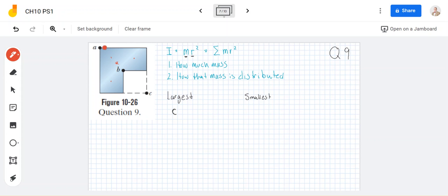So that's closer to B than A. So I think A is in the middle, because the radius is larger, and B has the smallest rotational inertia, or moment of inertia, because it is the smallest distance from basically the total center of mass.